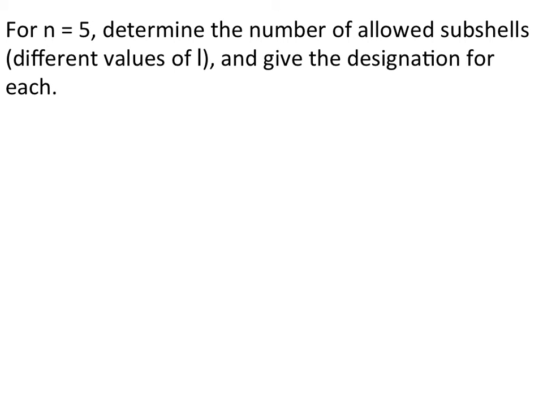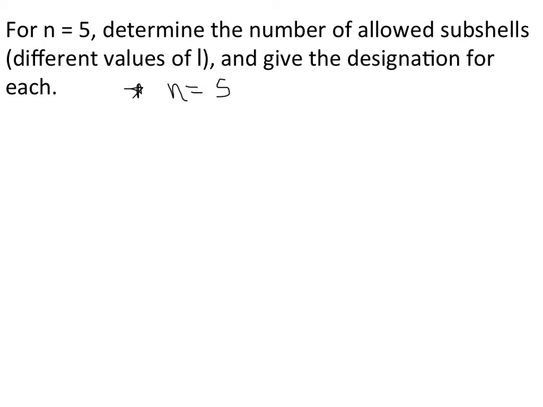So for n equals 5, remember n is your principal quantum number, determine the number of allowed sublevels, so the different values of L, or the types of orbitals, and give the designation for each. Okay, so my n equals 5. This is my principal quantum number. And they want me to tell them what kind of orbitals, so s, p, d, f, etc., are allowed in this principal quantum number subset.